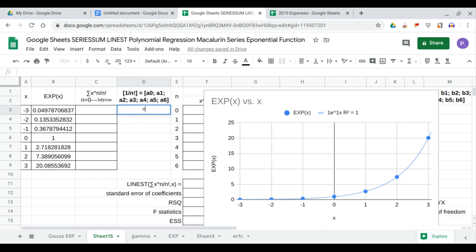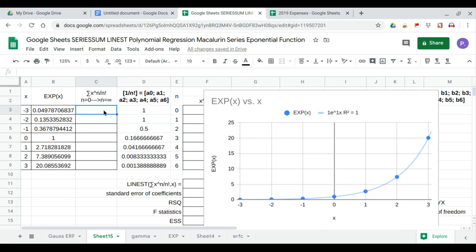And we calculate the coefficients, which is our formula of 1 over factorial, the n values. So we have the coefficients of the expansion.